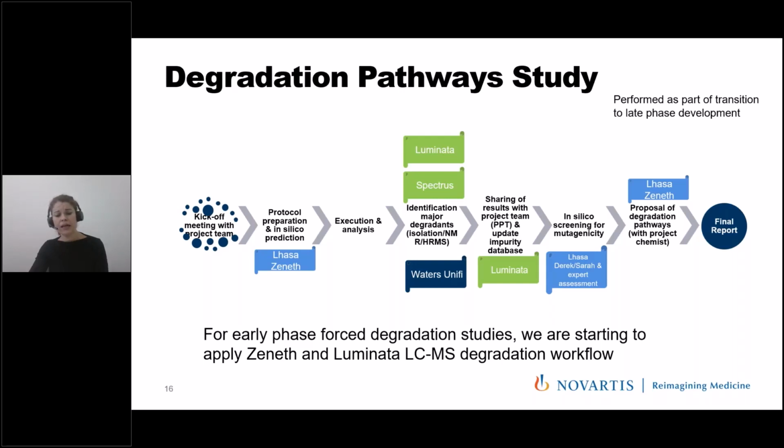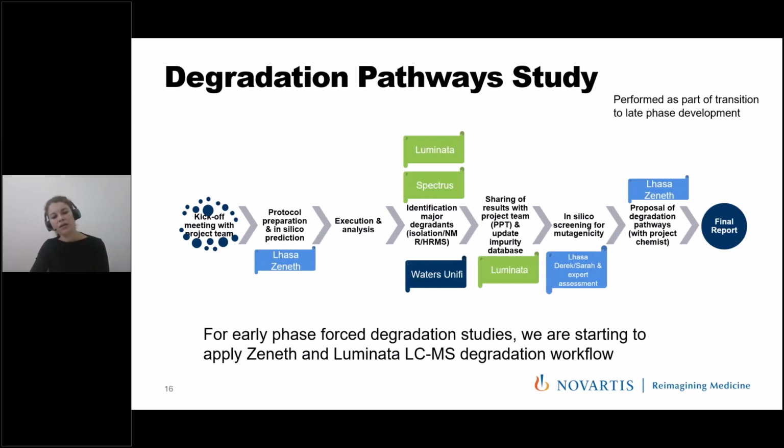Normally this is done following isolation, NMR, and high-resolution MS. For the MS, we often use the Waters UNIFI system, or of course Xcalibur if we're working with the Orbitrap. And for the NMR part, we use Spectrus and introduce this data then also in Luminata.